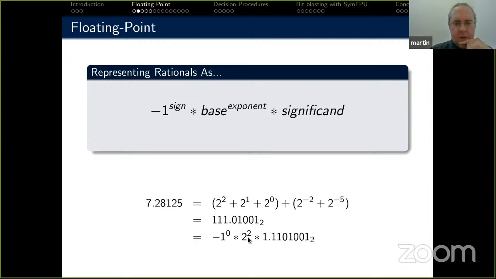But this can get big. So this means we can represent very large numbers, and very, very small numbers. Whereas if we wanted that dynamic range in a fixed point system, where the decimal point is in the same place for every number, we'd need a really big fixed point number.